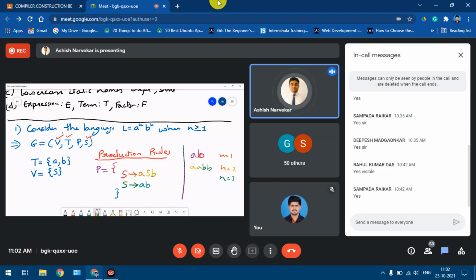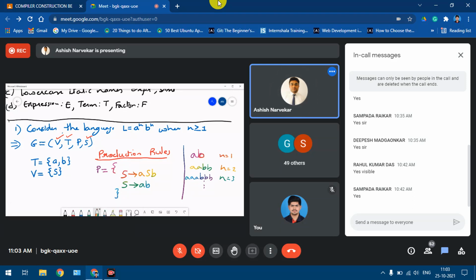If I put n equal to 3, it will be aaabbb, and so on. So I need to write a grammar which will allow us to generate all these strings for the given language. One production rule I wrote is S gives a S b. Now this becomes a recursive rule, because this S again appears here, and then I'm defining this S in terms of just ab.